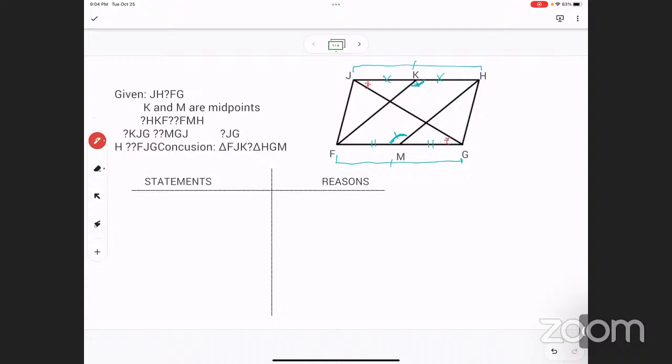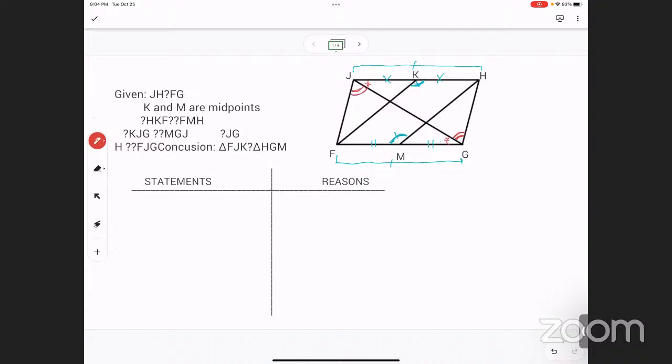And what's it saying about JG and JGH, this one? Are they telling you that these are equal? JGH is congruent to FJG. Okay, so they're giving a lot of information.